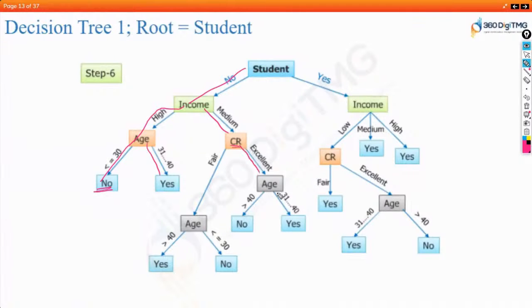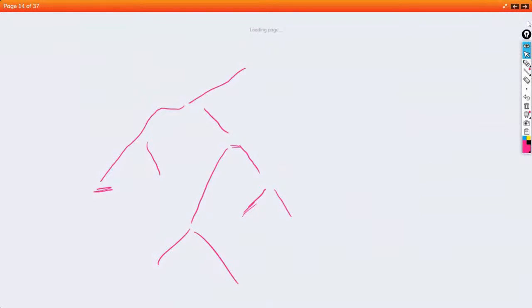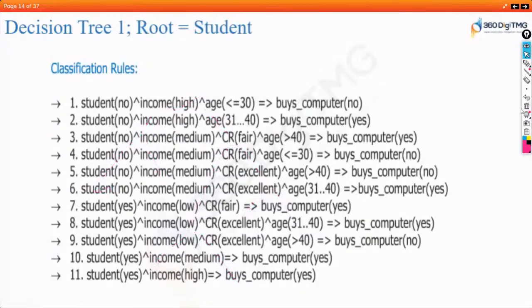And if it is excellent, then we again verify his age. If his age is 31 to 40, he is purchasing the computer. But if it is greater than 40, then he is not going to purchase the computer. Whereas if the credit rating condition is fair, again you will have yes and no cases. So similarly, we look into all the branches and we generate these rules.